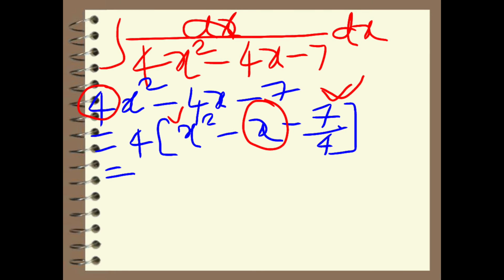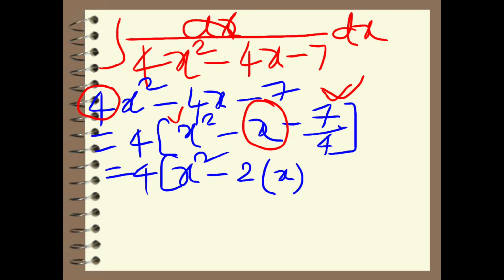That is the next step. 4 into x square minus, I am multiplying by 2 and also dividing by 2, so 2 into x into 1 by 2. So the value doesn't change, but it is converting to our form. Minus 7 by 4 is already there, so we write minus 7 by 4.